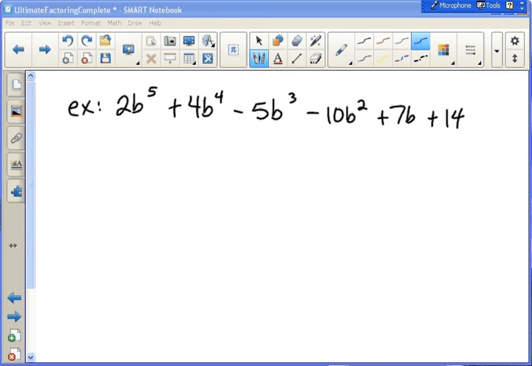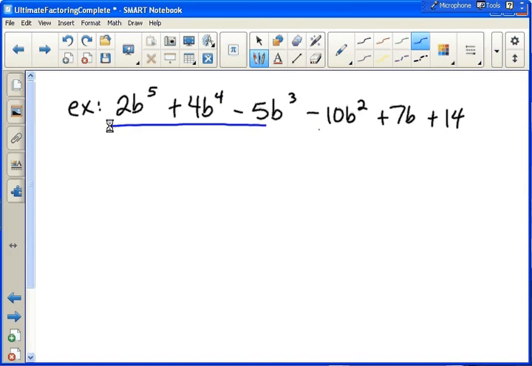If I look at this as a set and this as a set, I run into a problem because there's nothing that all 3 of them have in common. 2b to the 5th, well, let me back up. 2b to the 5th, 4b to the 4th, and 5b cubed do all have b cubed in common, but their numbers aren't in common. And when I look at the second set of 3, they don't have anything in common.